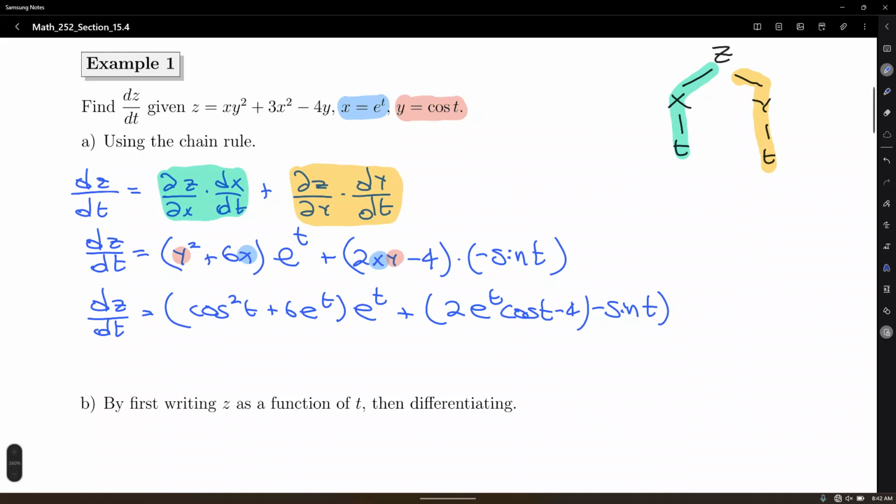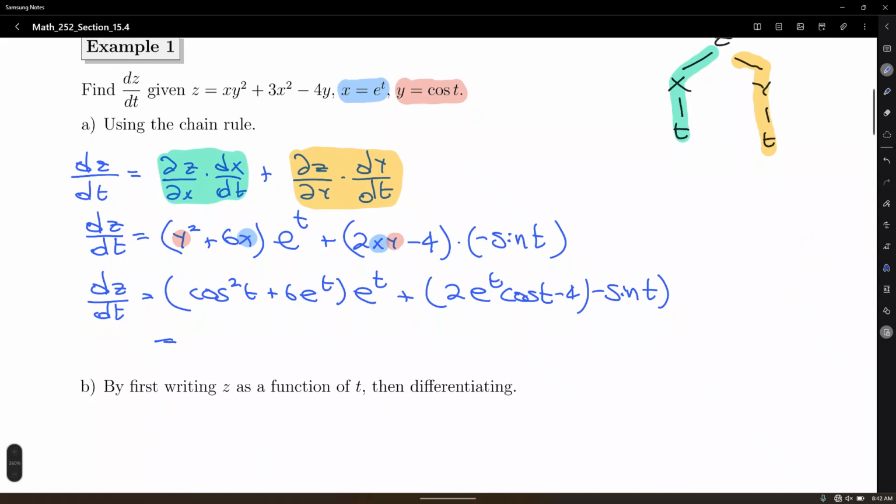So let's simplify this a little bit. I think it's worth doing it. Why not? So that is e to the t cosine squared t plus 6 e to the t times itself, it's e to the 2t.